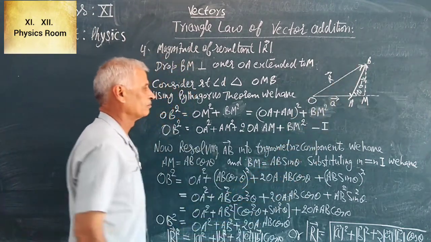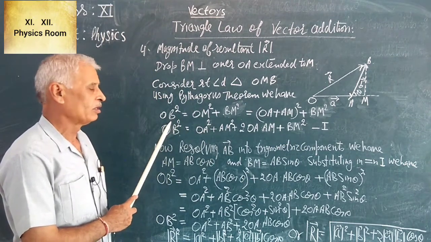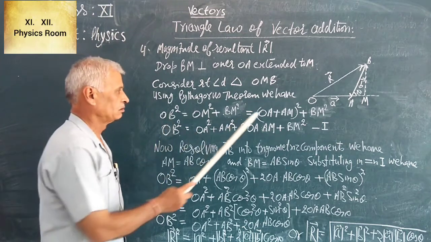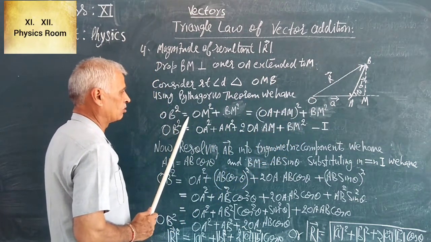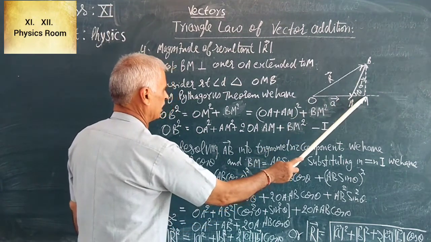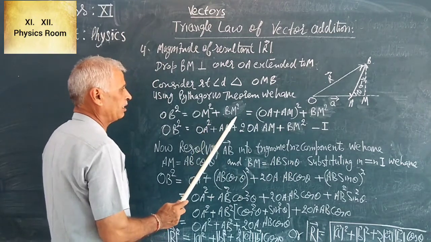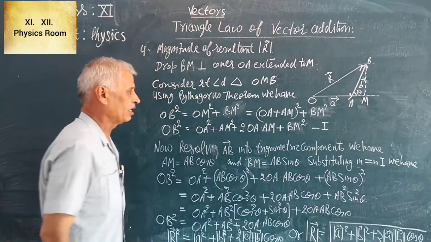Using Pythagoras theorem, we have OB square is equal to OM square plus BM square.